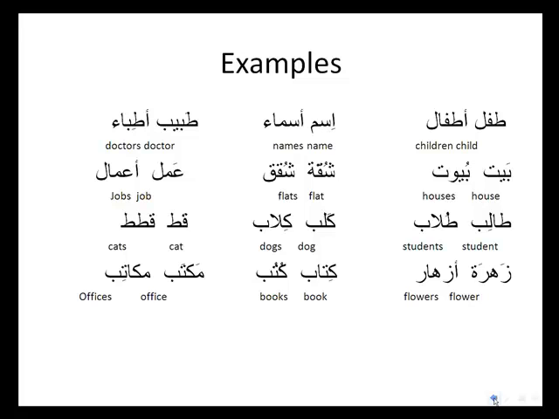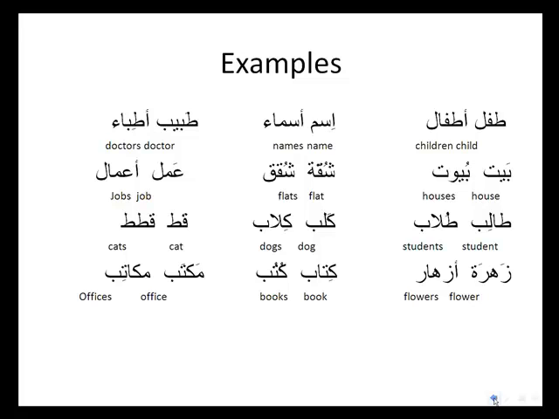However, there is a pattern and it's not too difficult. طفل, أطفال, child, children. اسم, أسماء, name, names. طبيب, أطباء, doctor, doctors. بيت, بيوت, house, houses. شقة, شقق, flat, flats. عمل, أعمال, job, jobs. طالب, طلاب, student, students. كلب, كلاب, dog, dogs.